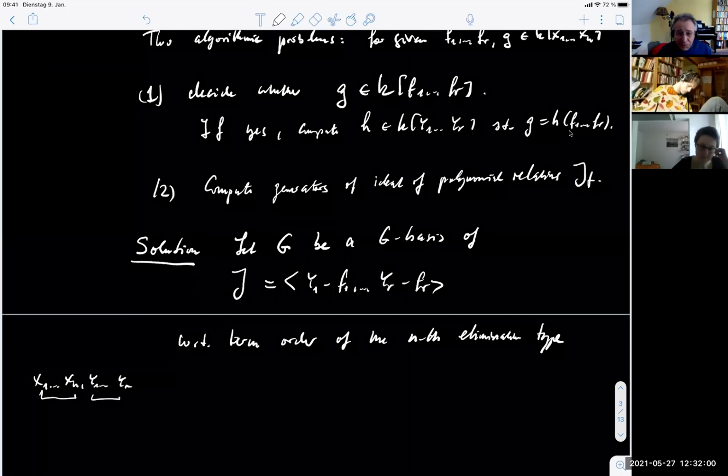And any monomial in the x variables should be larger than any monomial in just the y variables. So this is the meaning. And to be concrete, we may assume we take, for instance, a lexicographic ordering, lex, with this.